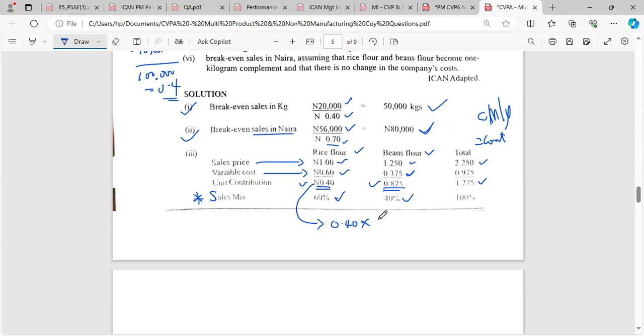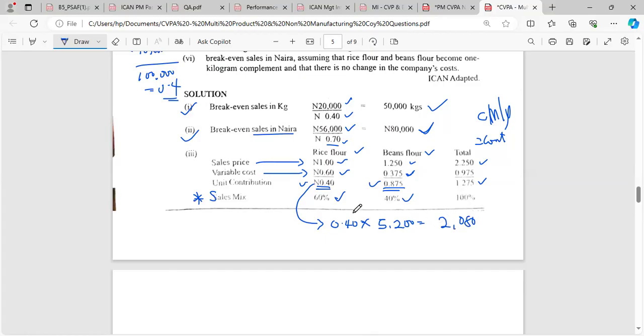We know that we are supposed to be able to sell 5,200 cups or kilograms of beans, of rice, whatever. So we'll do 5,200 multiplied by 0.40. That will give us about 2,080. For example, this will now be our total contribution.